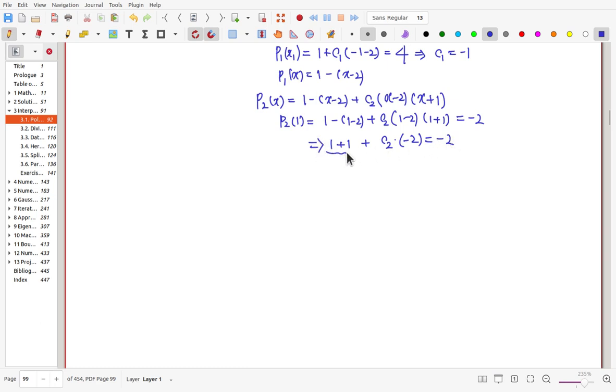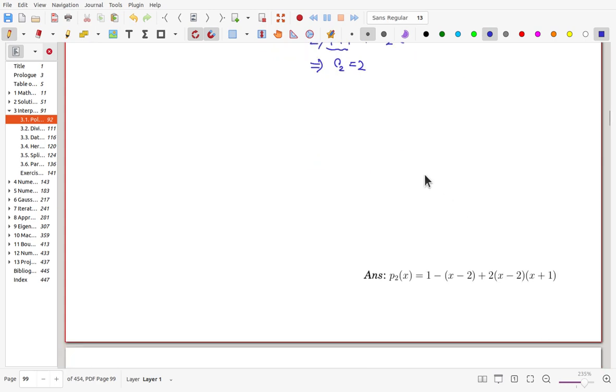So that 2 has moved to minus 4, and so C2 must be 2. Okay, so this value is replaced by 2, then that is the interpolating polynomial passing all the points, okay, in Newton form.